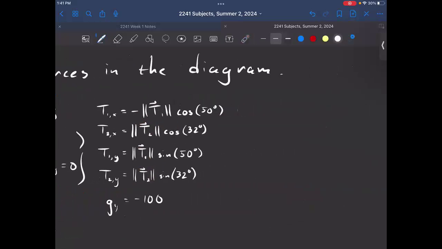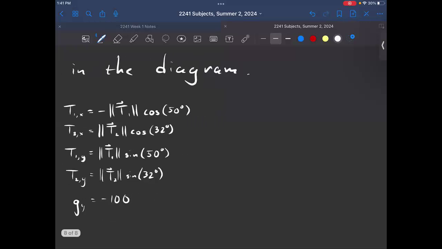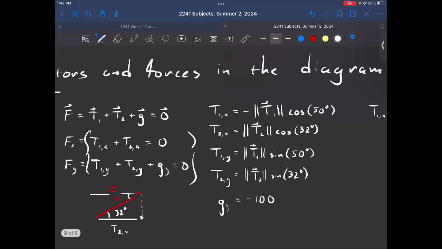Once we find those norms, we will have found the vectors T1 and T2. Okay, so let's see, we've got T1x plus T2x equals 0, which means that T1x equals the negative of T2x.